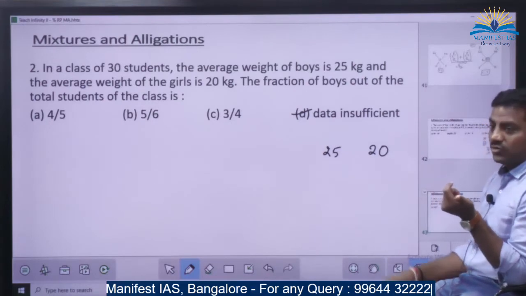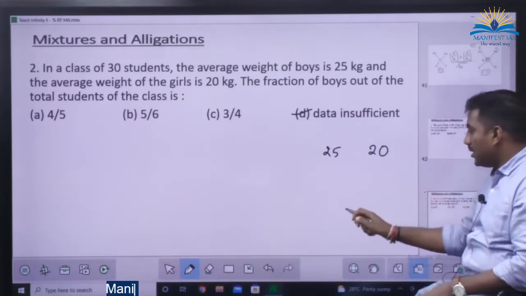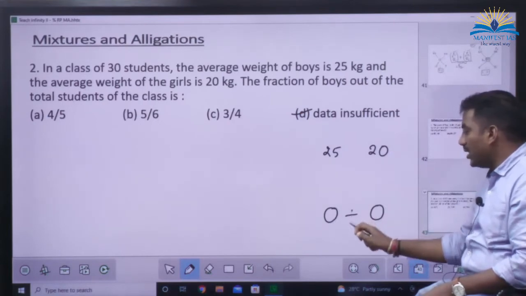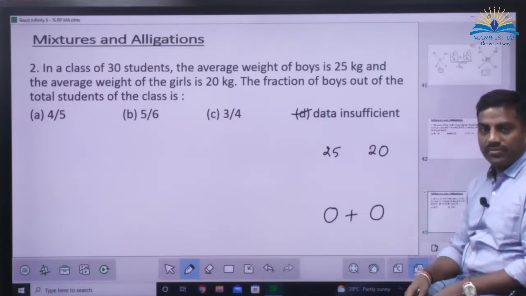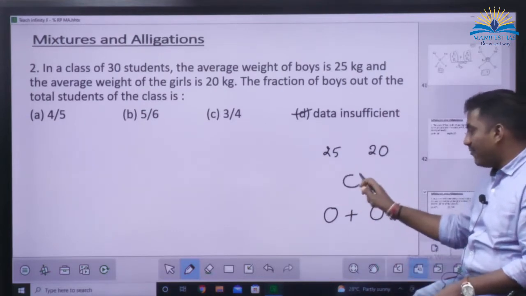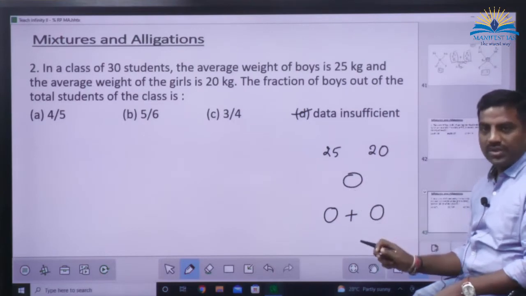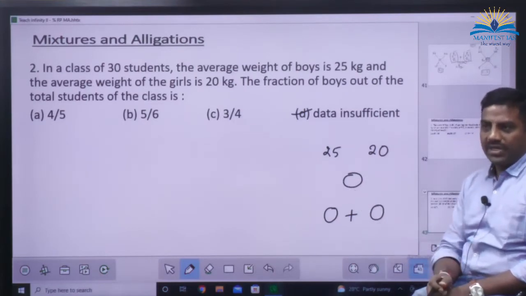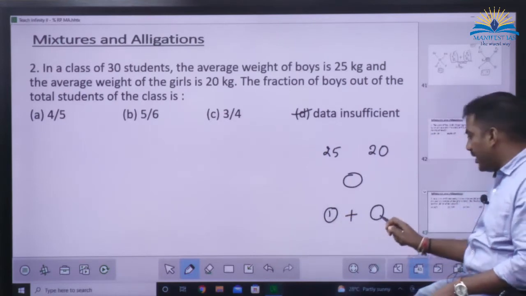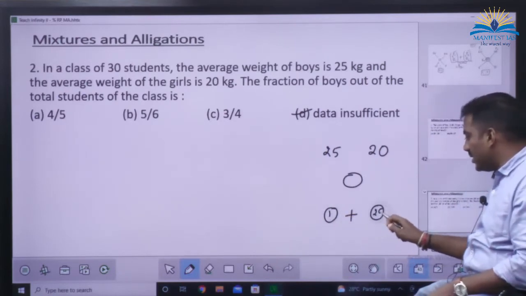Yeah, in class of 30 students. Okay. This plus this could have been 30, correct? Average, we don't know. What is the possibility in 30? 1 boy and 29 girls. Is it a possibility?